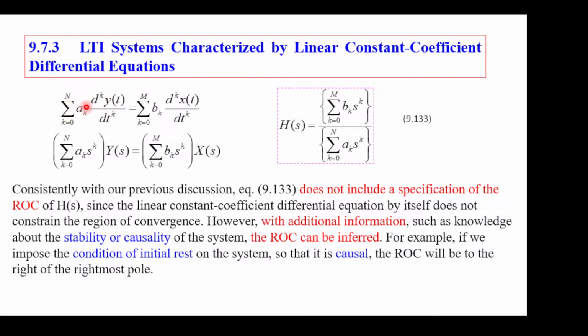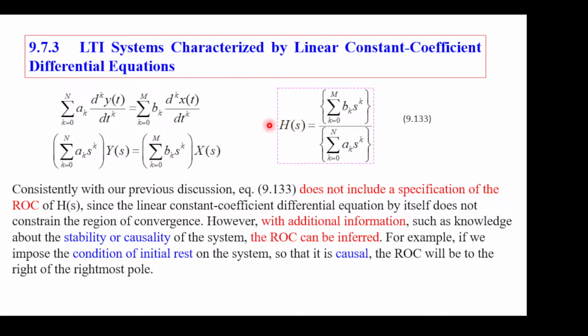So a linear combination of differentiation of y to some k's power, k from 0 to n, and also differentiation of x here. Then you take a Laplace transform on both sides, and this differentiation gives you some power of s. So here you have a polynomial of s, and on the x side you will get another polynomial of s.